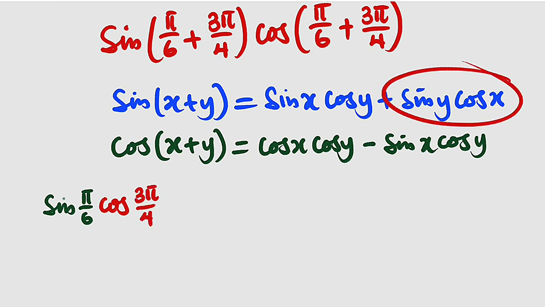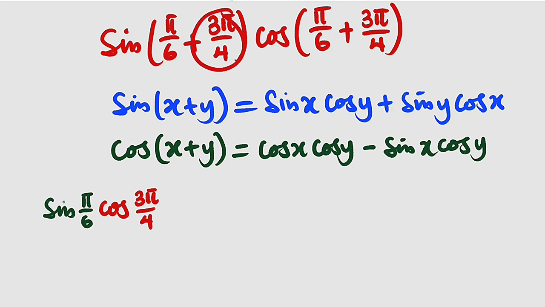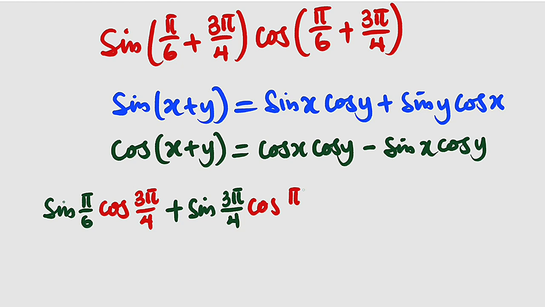Then the next term we have sine of y, for which y is this, plus sine of 3 pi divided by 4, then multiplied by cosine of pi divided by 6.